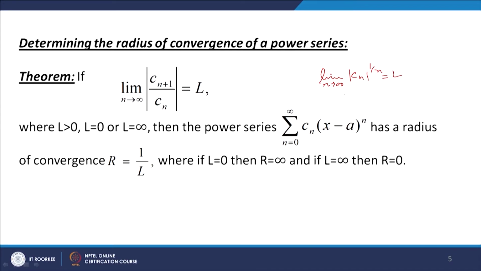So, if the limit as n tends to infinity of mod of Cn to the power 1 by n is equal to L, where L is greater than 0, or L is equal to 0, or L is equal to infinity, then the power series sigma Cn (x minus a) to the power n, where n varies from 0 to infinity, will have a radius of convergence r equal to 1 by L. If L is 0, r is infinity, and if L is equal to infinity, then r is equal to 0. So, we can either apply the root test or the ratio test, and we will decide this from the form of the power series.